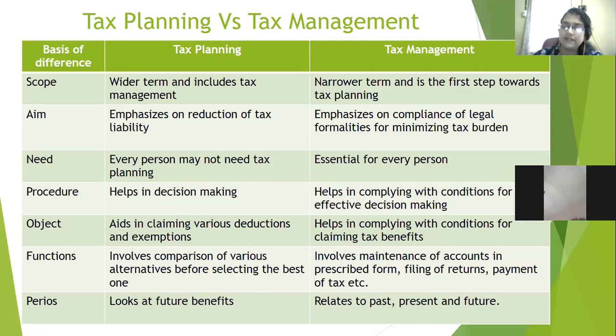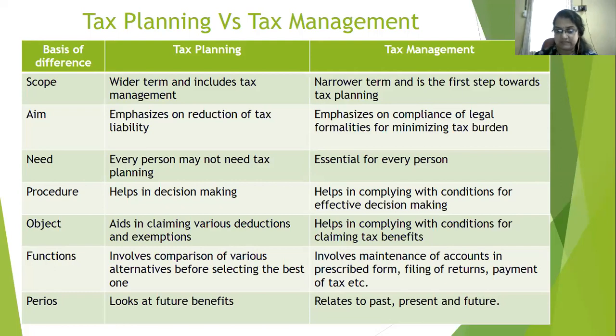But if you are not willing to pay either 20% or 15% flat rate, what can you do? You have other options. You can reinvest in the same asset, or you can invest in long-term specified assets. So you have various alternatives. You compare and select the best one where your tax liability comes least.